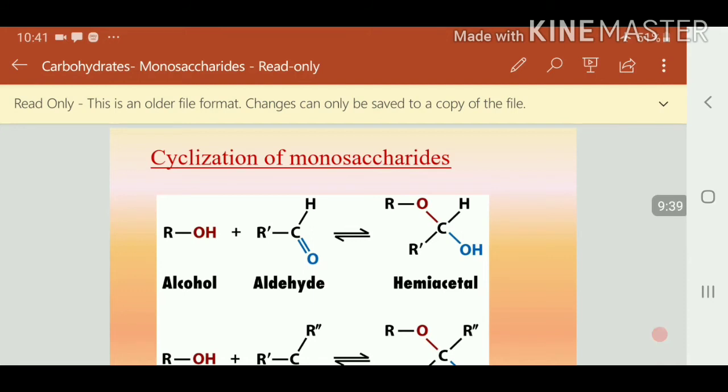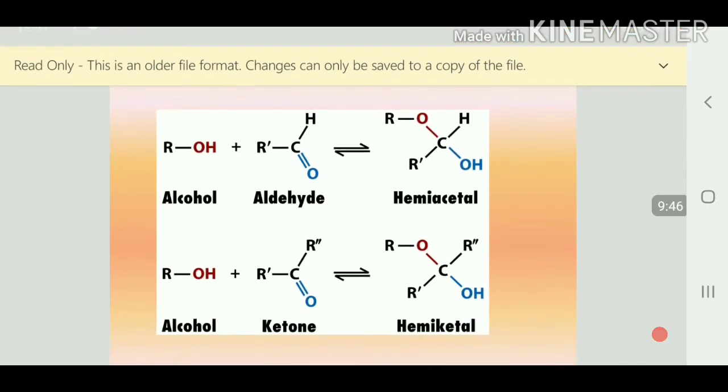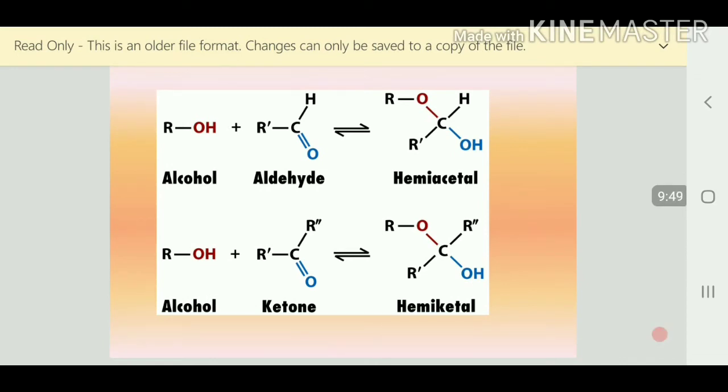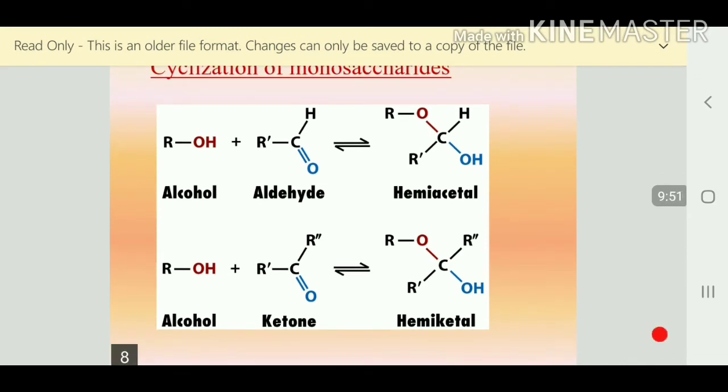We have seen that monosaccharides are polyhydroxy aldoses or ketoses. So there are more than one hydroxyl groups in the chain and one carbonyl group. So when the alcoholic group, that is the OH group of a monosaccharide attached to a carbon atom, reacts with the aldehyde group of the same chain, then a hemiacetal is formed, in which the oxygen of the OH group forms a bond with the carbon having the carbonyl group.